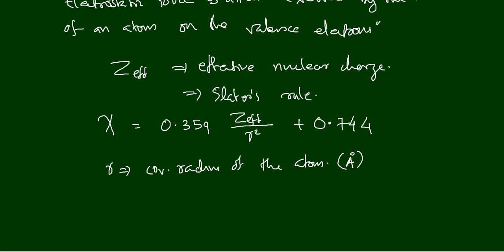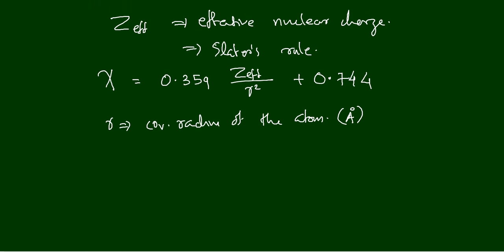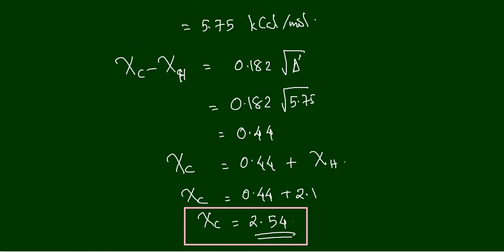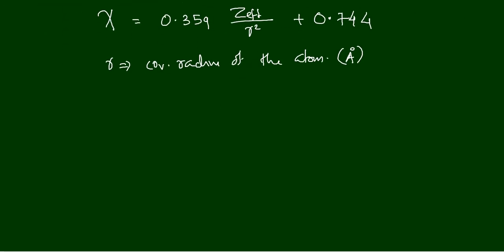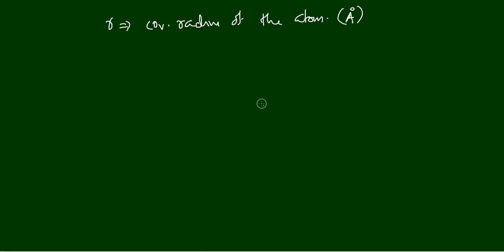The problem is calculate the electronegativity of carbon atom. We are doing the same. Okay, here also we calculate the electronegativity of carbon atom, and now we are going to calculate the electronegativity of carbon atom in another approach.